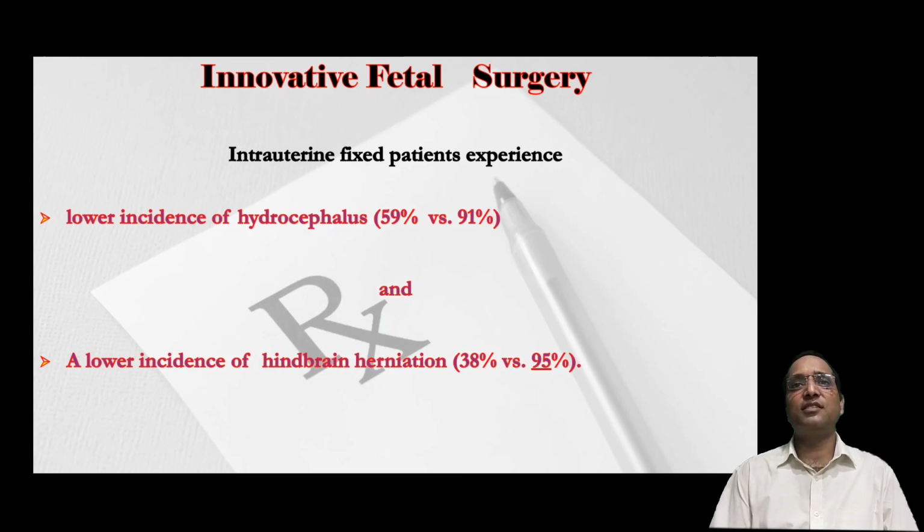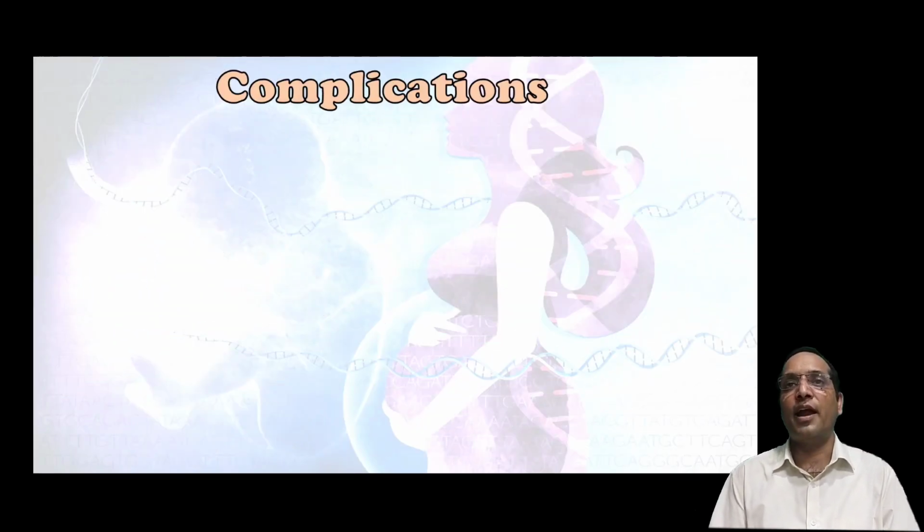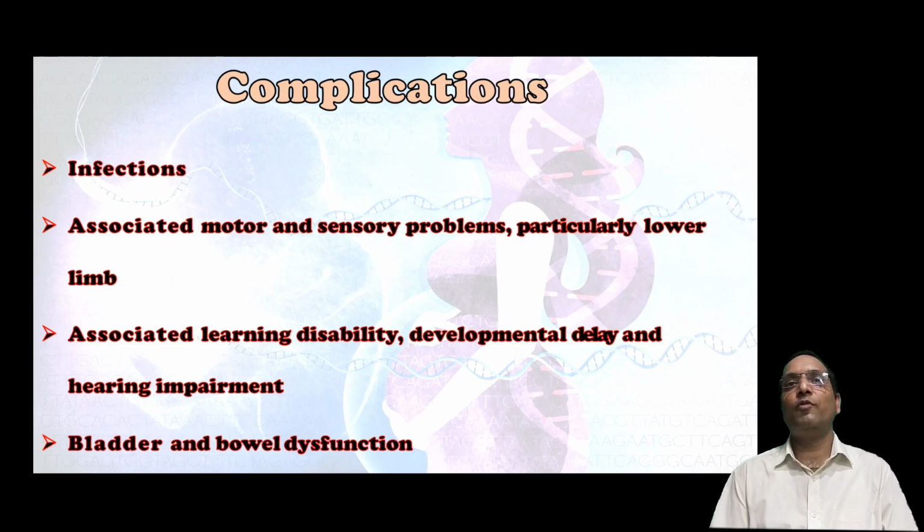Fetal surgeries can be done during intrauterine life, which lower the incidence of hydrocephalus by up to 91% and the incidence of hindbrain herniation by up to 95%. So guys, there are some complications due to the neural tube defect: infection due to leaking of CSF, and associated motor or sensory problems, particularly in the lower limb, due to involvement of the spinal cord.